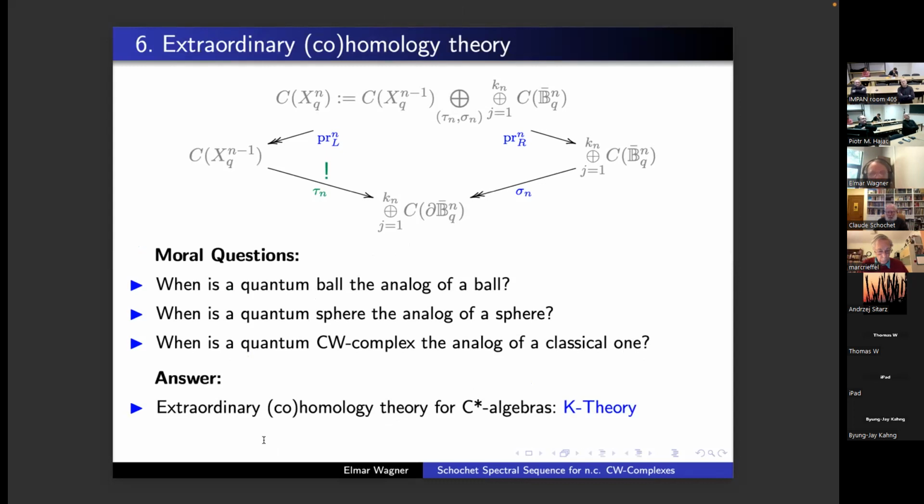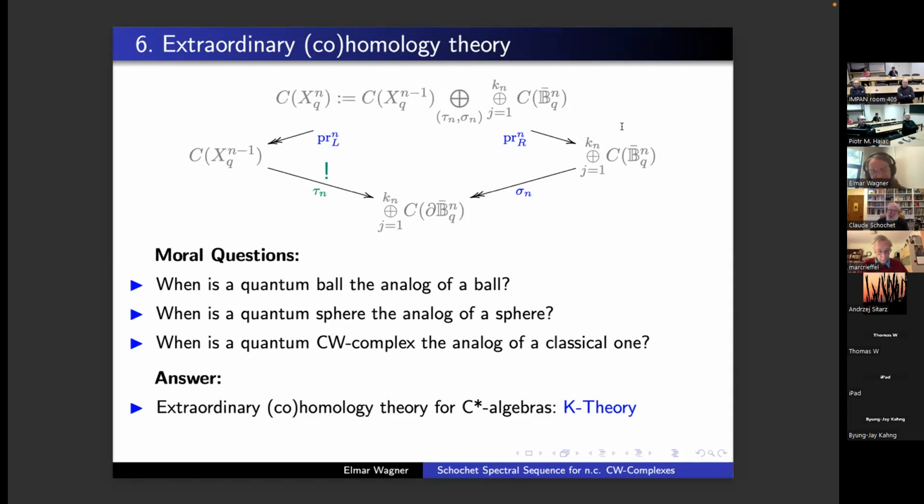I can write push-out diagrams, non-commutative push-out diagrams, and it might look like this. So what can I do? I can do by induction, write push-out diagrams, push-out diagrams, push-out diagrams, and I can generate non-commutative CW complexes.